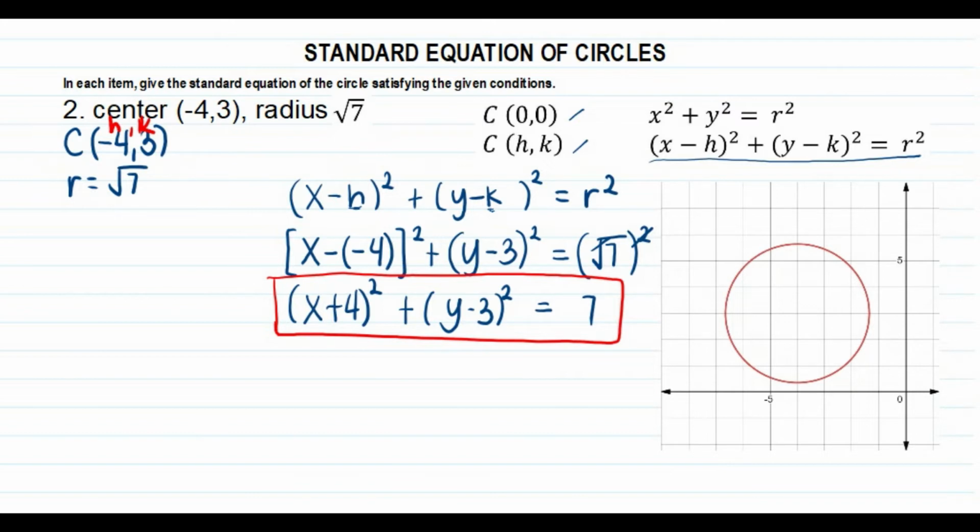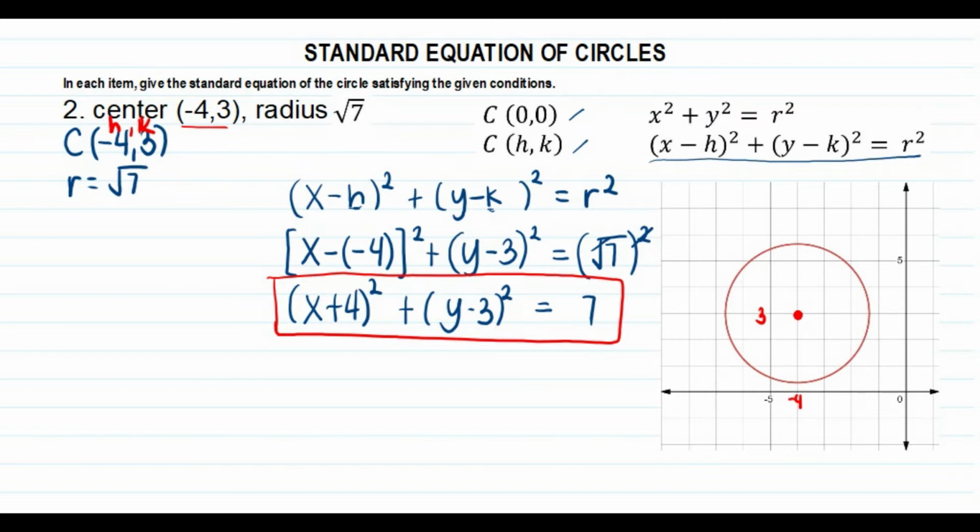Mapapansin natin, we will graph the center. The center is at, dahil ito ay negative 4, and this is positive 3. So, pagtatagpuin natin sa gitna, here it is. Nandyan siya. And the square, and 7, so since kukunin natin yung square root niya, so yan yung naging solving ng kanyang radius.